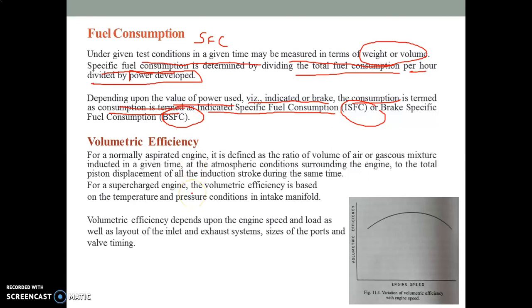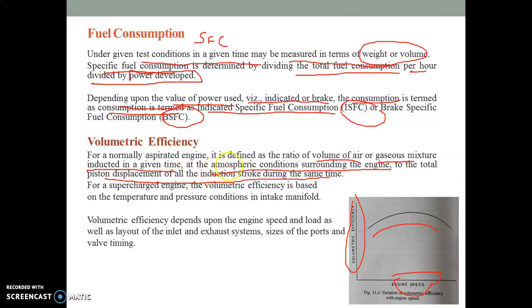Now let's discuss volumetric efficiency. One graph is represented here, volumetric efficiency against the engine speed, showing the variation in efficiency with respect to engine speed. For a normally aspirated engine, it is defined as the ratio of volume of air or gaseous mixture inducted in a given time at the atmospheric conditions surrounding the engine to the piston displacement of all induction strokes during the same time.